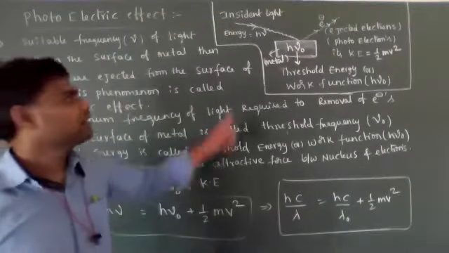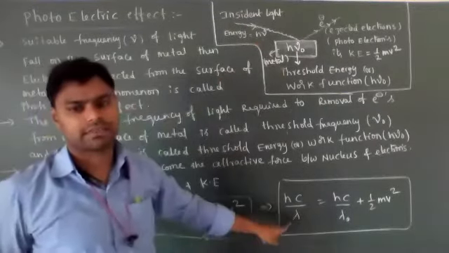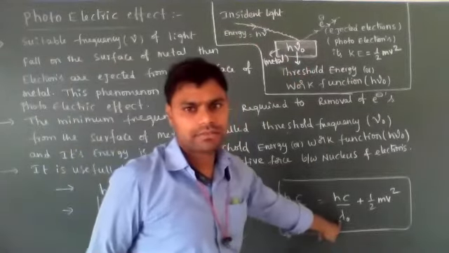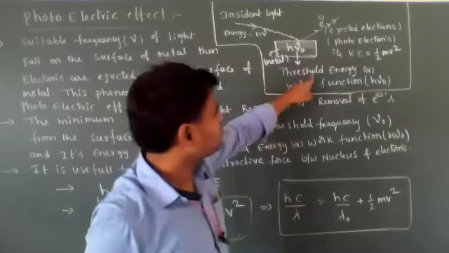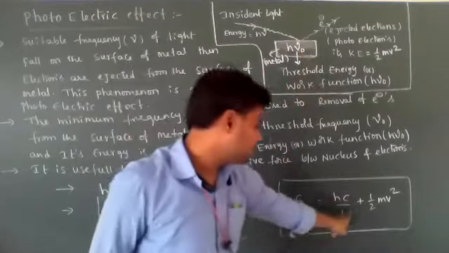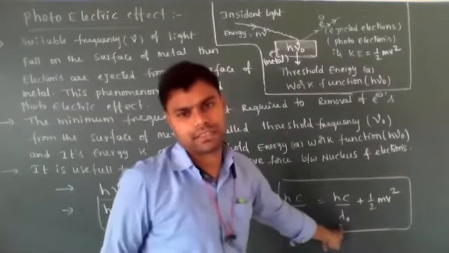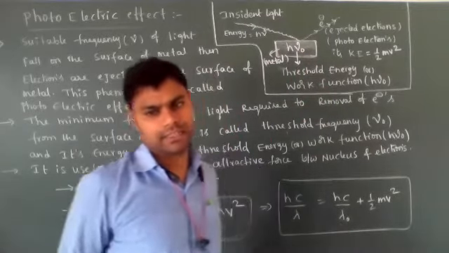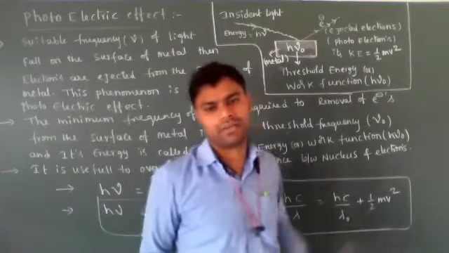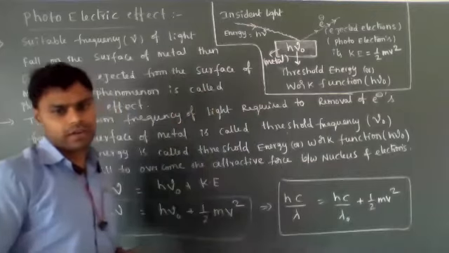Lambda means incident light wavelength. Lambda naught means threshold wavelength. m means mass of the electron, v means velocity of the electron. Those points we need to remember.